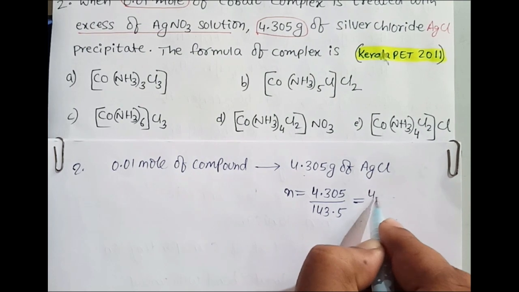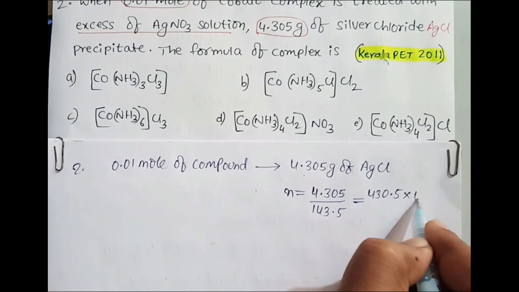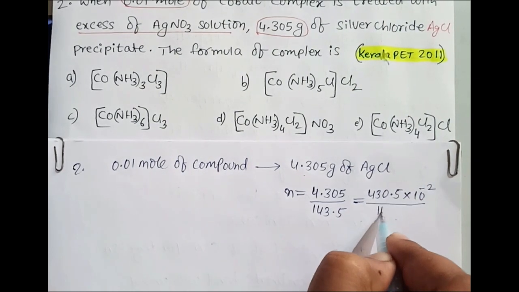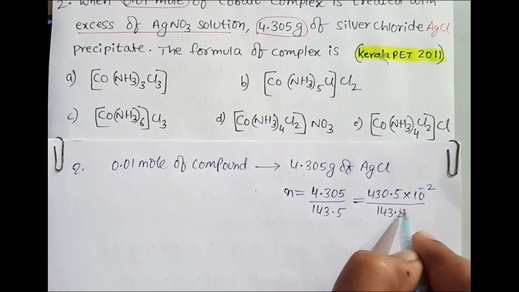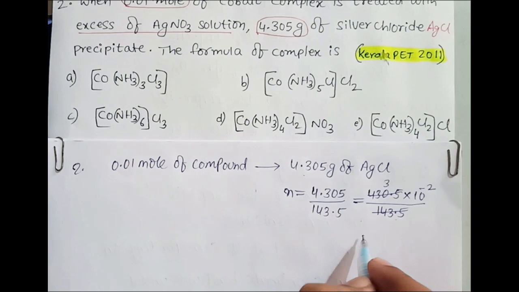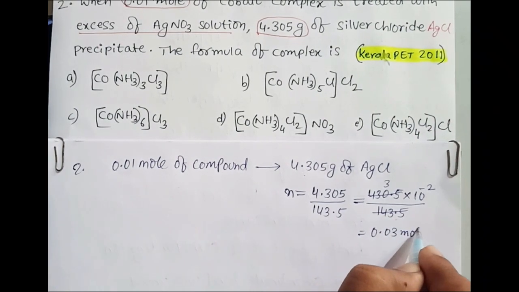Yes, divide it. So what will you get? You can write it like this: 430.5 times 10 power minus 2, divided by 143.5. So approximately 3 times, which means 0.03 moles. Right.